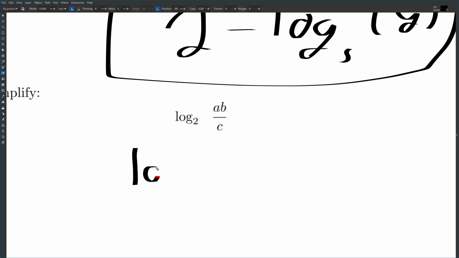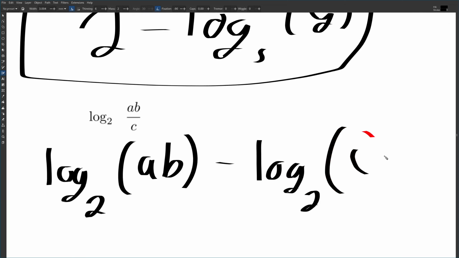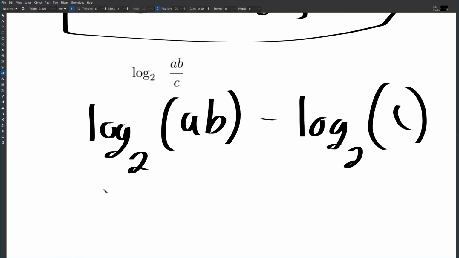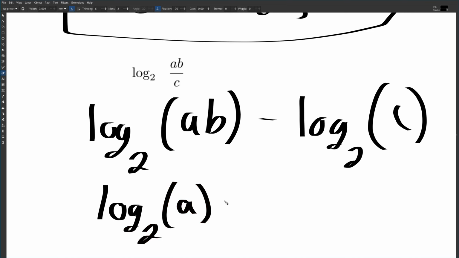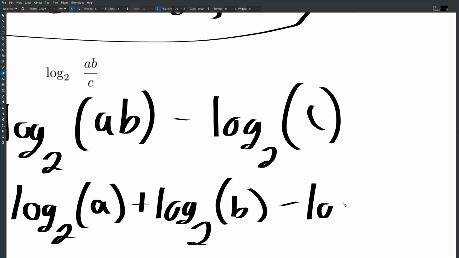So we have log base 2 of AB, let's use the product rule later, minus, using division, log base 2 of C. And this left one, use the product rule, you would get log base 2 of A plus log base 2 of B minus log base 2 of C. And we're done.